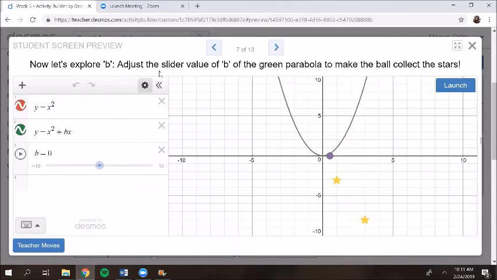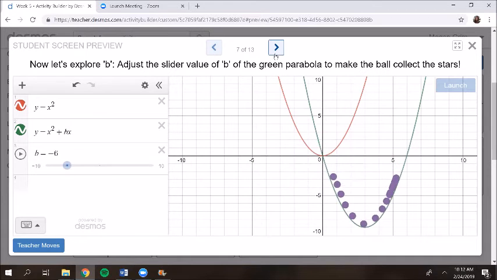The next one is exploring b. So adjusting b, in this case, I think that a lot of students would say, oh, the star's on the right, I need to go to the right. So the students are going to make b bigger, positive, just to realize that it goes the opposite direction. So b is a little bit confusing for a lot of students, I think, because it doesn't shift the way that you would think it would.